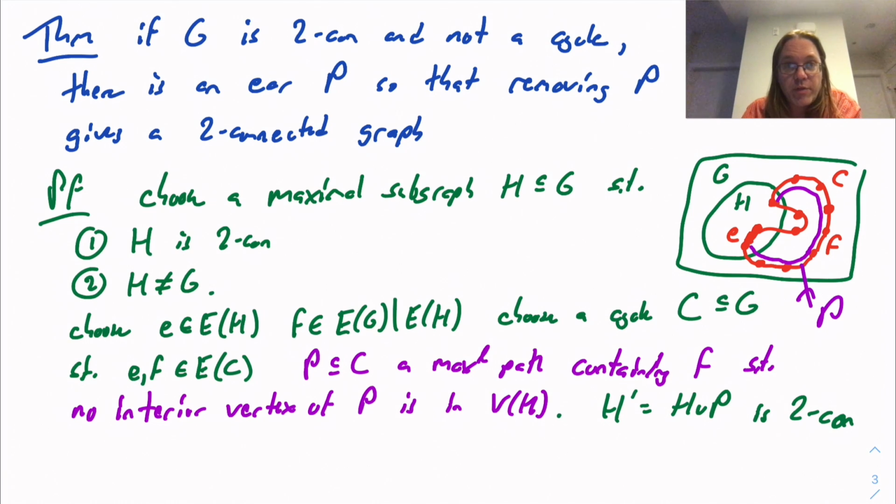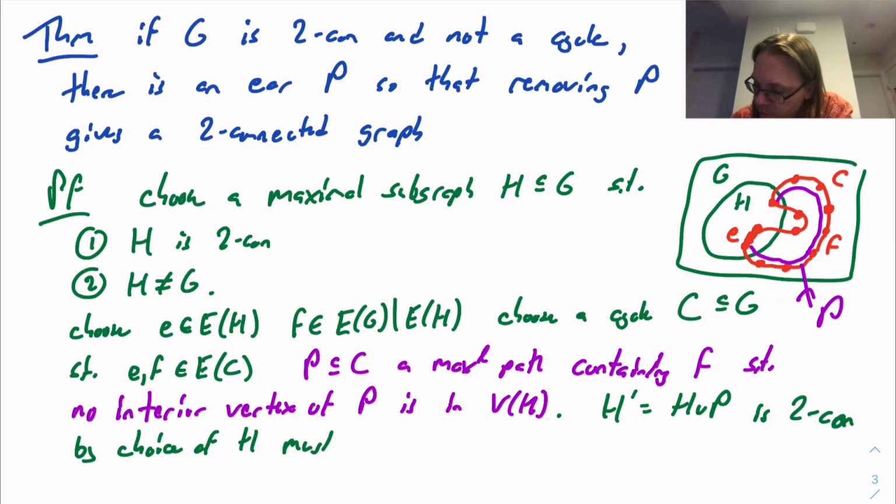The only way that this subgraph H prime that we've just constructed does not contradict our choice of H, since we just made a bigger two-connected subgraph, is if it is the whole graph. So by our choice of H, we must have H prime equal G. So in fact, H prime is the whole of the graph G.